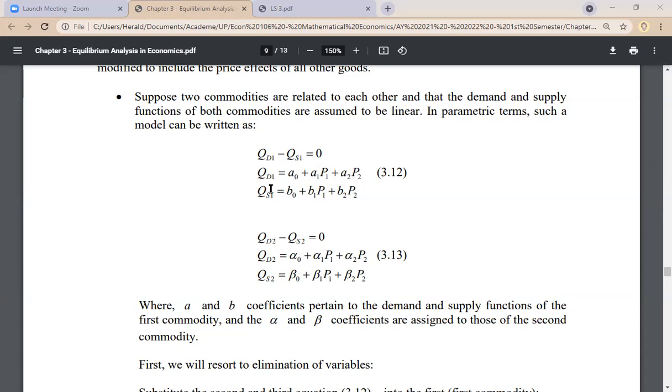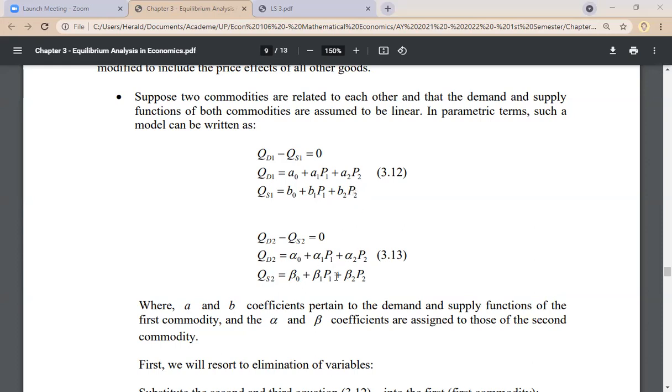The supply function of the first commodity also is dependent on the price of the first good, its own price, and the price of the other good, or the second good.